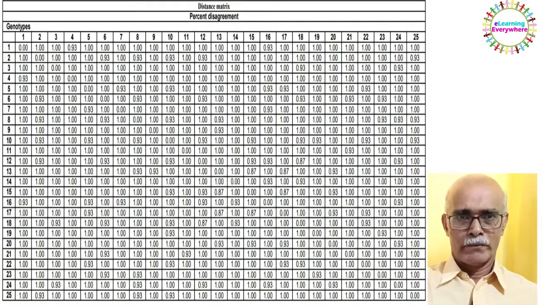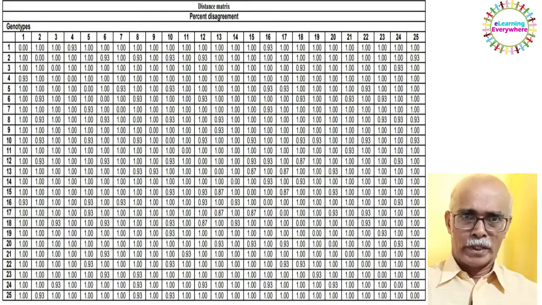The classification will be based on the difference in the case of each and every variable, and here the pattern of analysis used is the unweighted pair group average method, and we are using percent disagreement as the measure of distance.